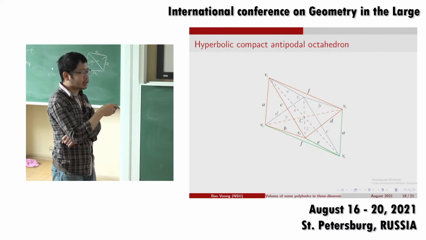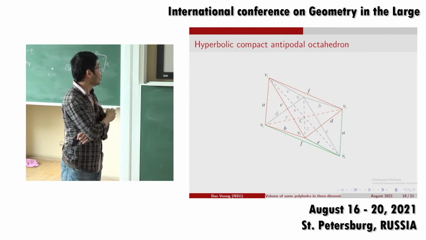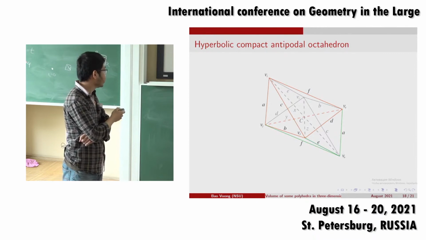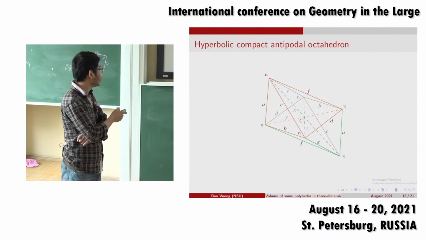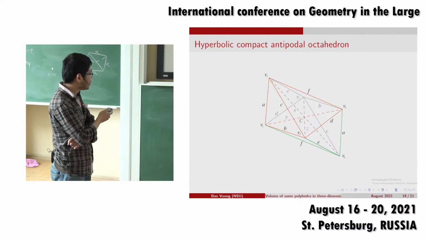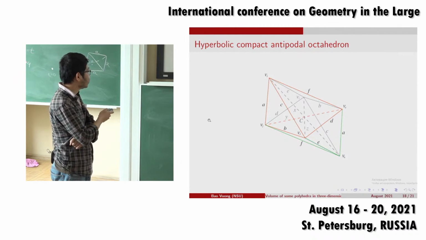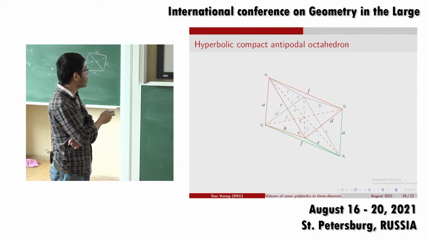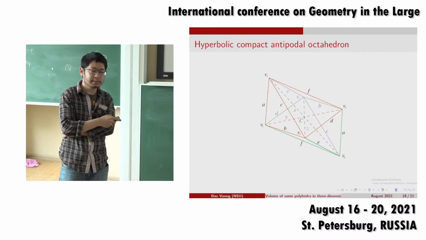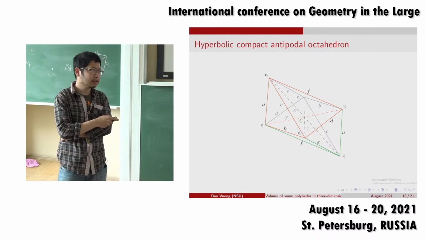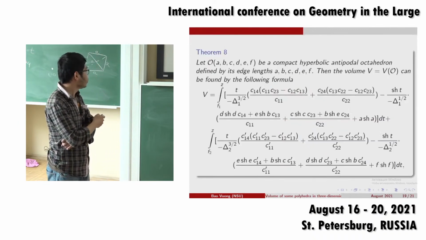Thanks to the symmetry of this octahedron, we can find a beautiful relation between x, y, z and the given parameters a, b, c, d, e, f. After we find x, y and z, we can apply the formula for the hyperbolic tetrahedron, and we combine this to get the volume of the hyperbolic antipodal octahedron, shown here.